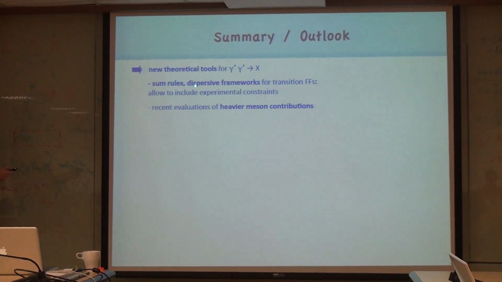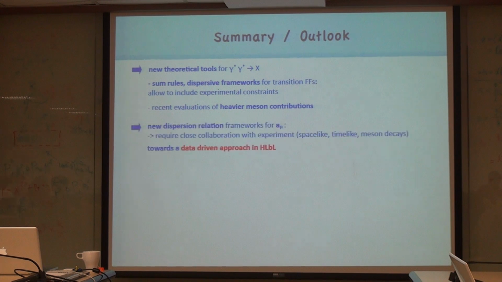And so dispersive frameworks in general for these quantities, such as transition form factors of mesons into two photons, allow to include experimental constraints in this quantity g-2. And I've shown you a few of these recent evaluations also for heavier meson contributions.